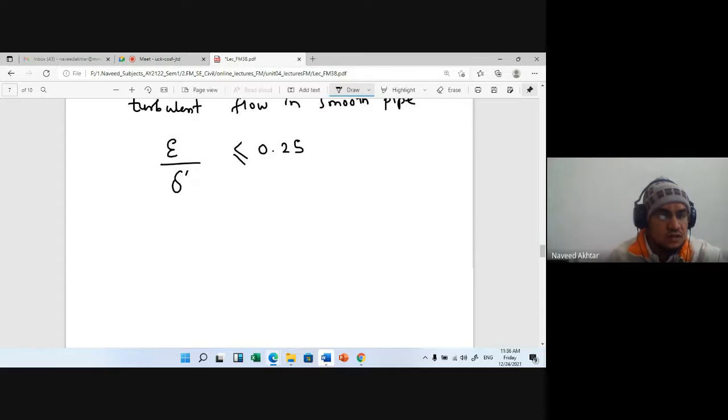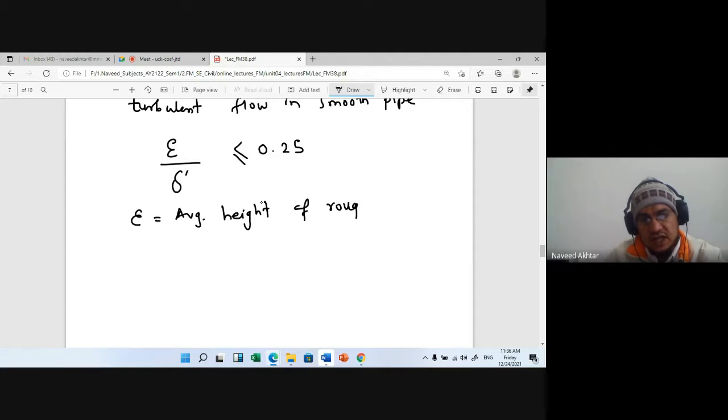And here epsilon is the average height of roughness in the pipe, and delta dash is the thickness of laminar sublayer.